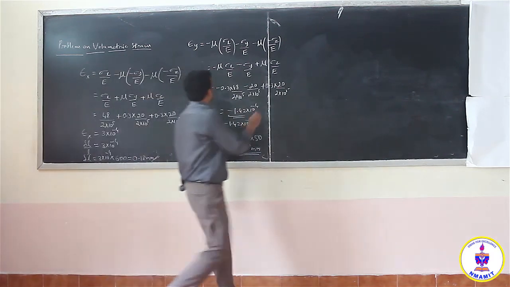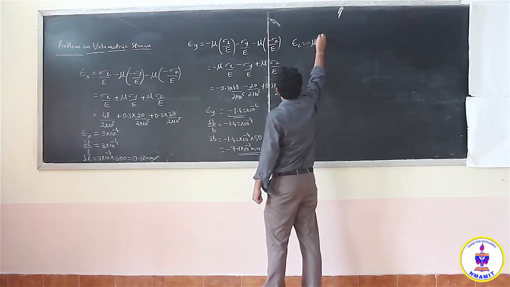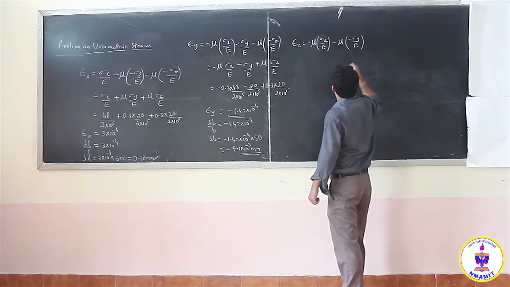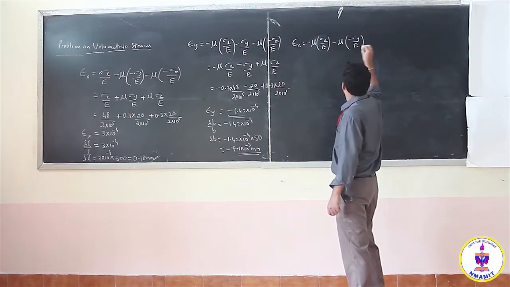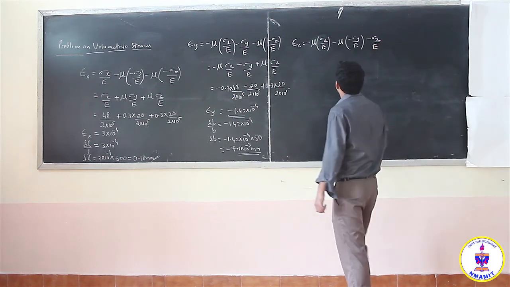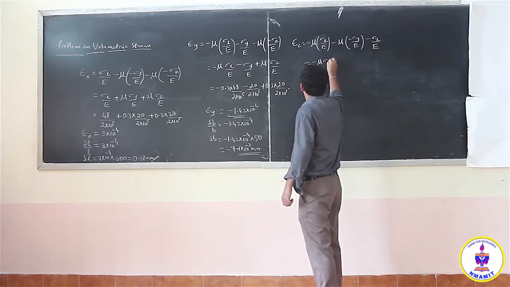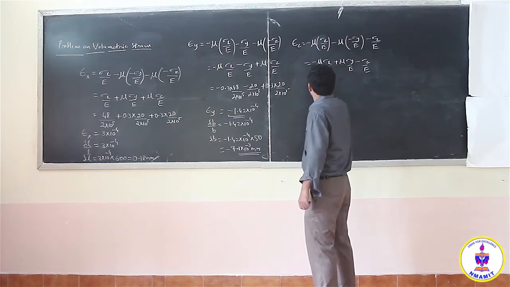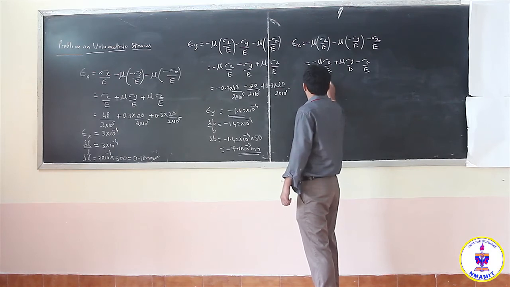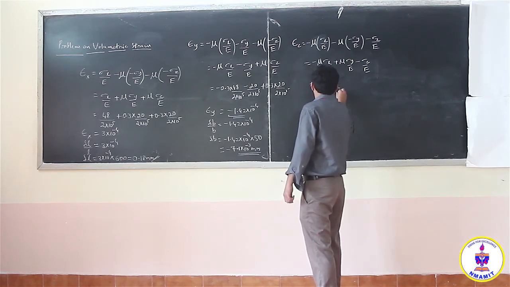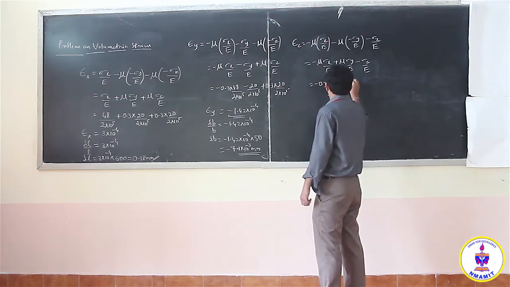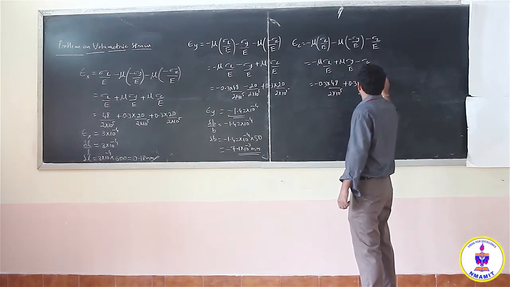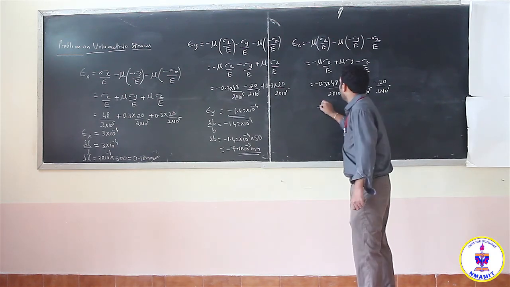Next is total strain along z direction: minus mu into sigma x by E, minus mu into minus sigma y by E, and along z direction the stress is compressive, minus sigma z by E. So minus mu into sigma x by E plus mu into sigma y by E minus sigma z by E. Minus 0.3 into 48 by 2 into 10 power 5 plus 0.3 into 20 by 2 into 10 power 5 minus 20 by 2 into 10 power 5.